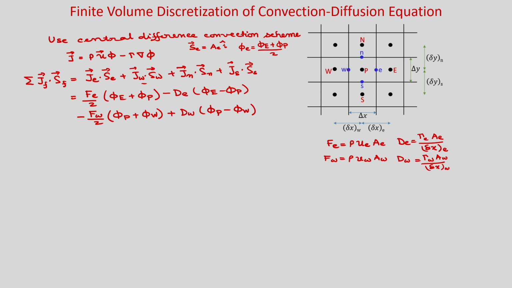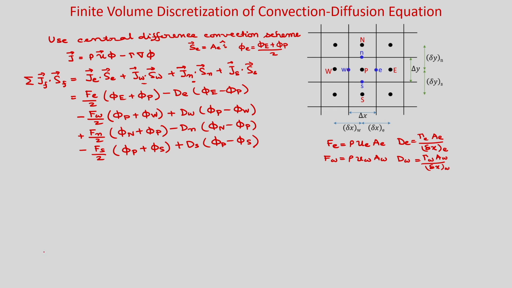Similarly, now you write for other two terms. You will get J_n dot S_n, if you write, it will be F_n by 2 (phi_N plus phi_P) minus D_n (phi_N minus phi_P), and for the last term you will get F_s by 2 (phi_P plus phi_S), minus, sorry, it is plus D_s (phi_P minus phi_S).